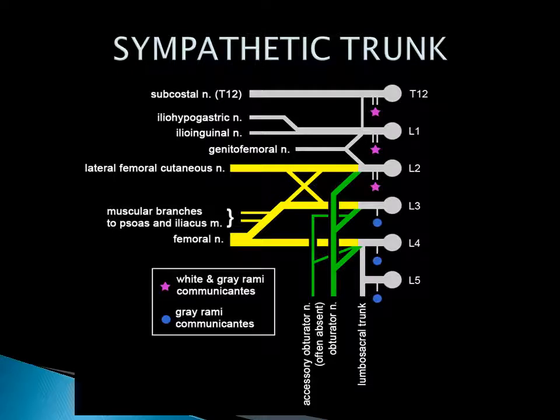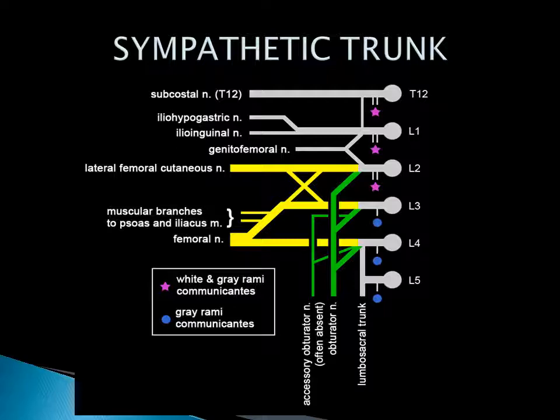Well, what about the sympathetics in this area? The sympathetic trunk contains the sympathetic ganglia, and recall that the final sympathetic motor neuron, the autonomic motor neuron that arises from the intermediolateral cell column, the lowest one is found at around the level of L1 or L2.